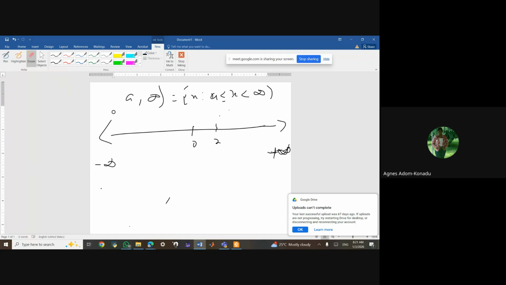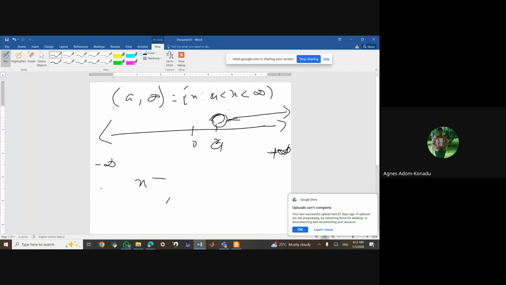For the open right infinity interval, I will not bring the square brackets, but I will write open brackets. If it's open brackets, it means that my A is not part of it. So if this is my A, I will draw the circle that I was taught, then draw the straight line with the arrow. I will not shade because my A is not part.